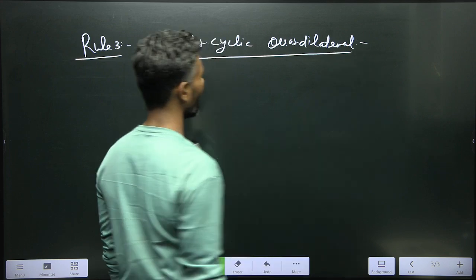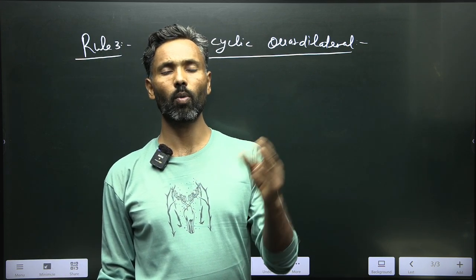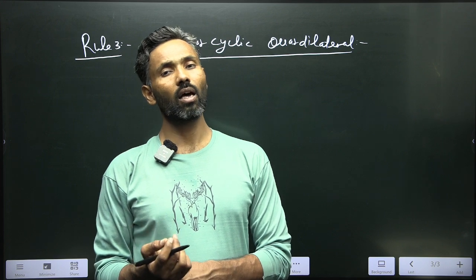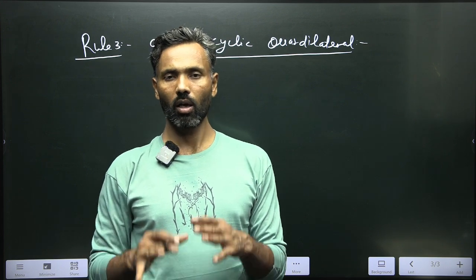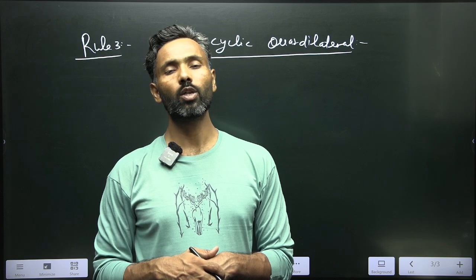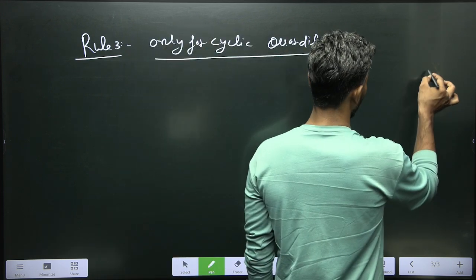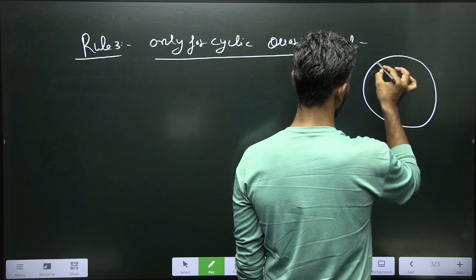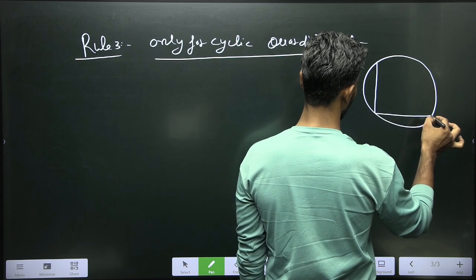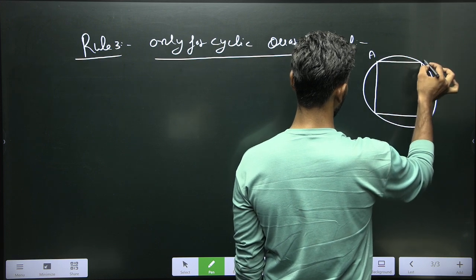What is a cyclic quadrilateral? A cyclic quadrilateral is a quadrilateral in which the sum of opposite angles is 180 degrees, or you can say a quadrilateral of which each vertex is situated on the circumference of a circle. This is a circle and here is a quadrilateral, and each vertex of this quadrilateral is situated on the circumference of the circle.